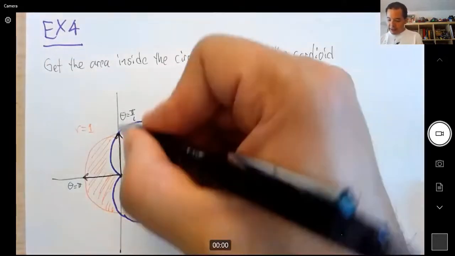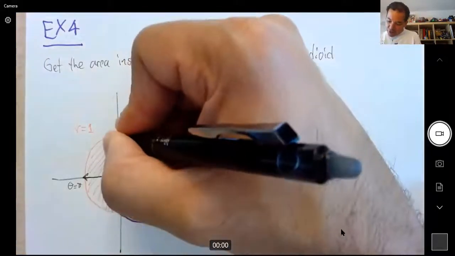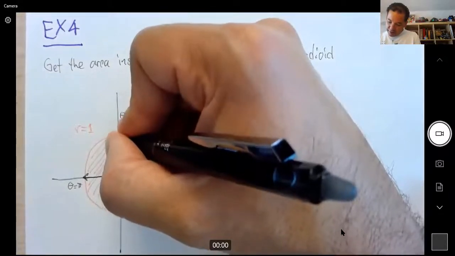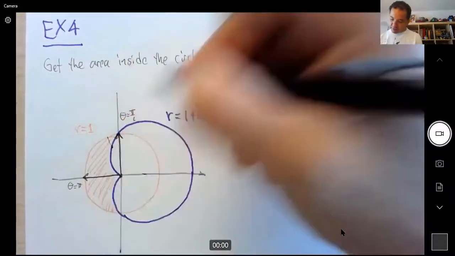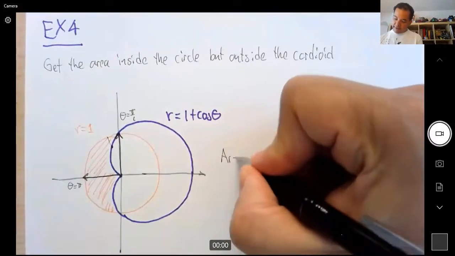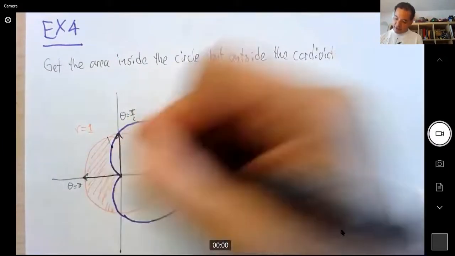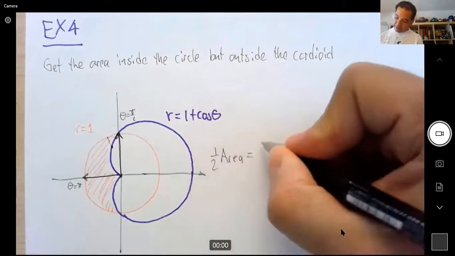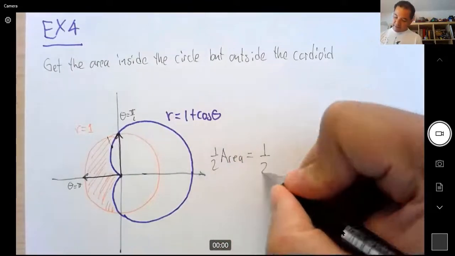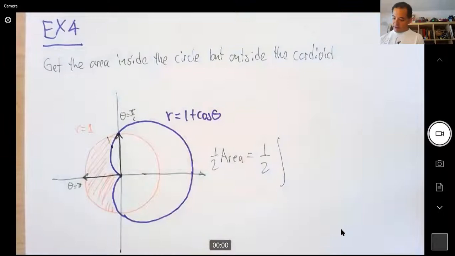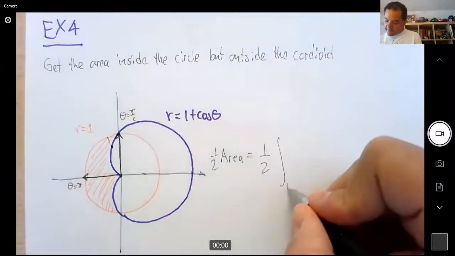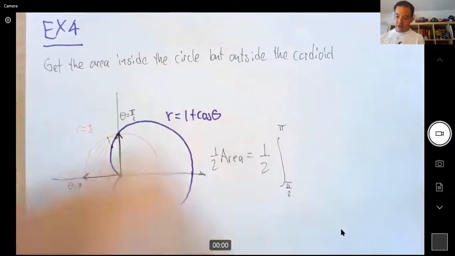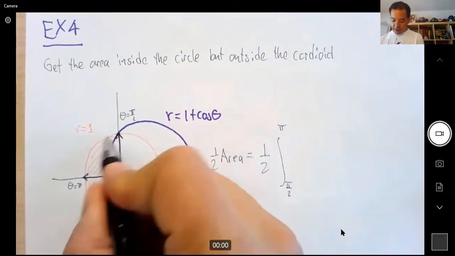And then the outer function is the circle, and the inner function is the cardioid. So the area of half the region, one half of the area that we want, is the integral from pi over 2 to pi, from here to here, of the outer function.